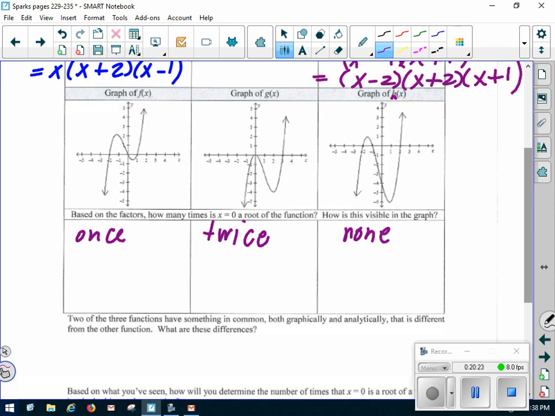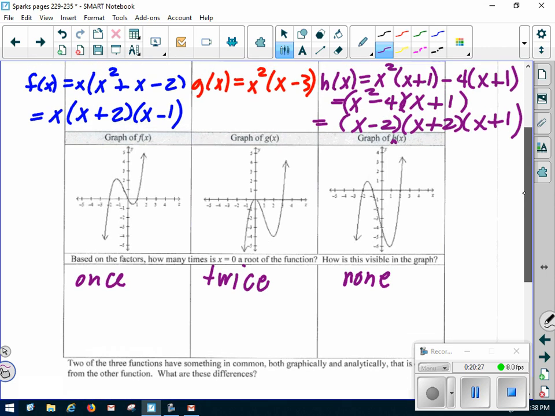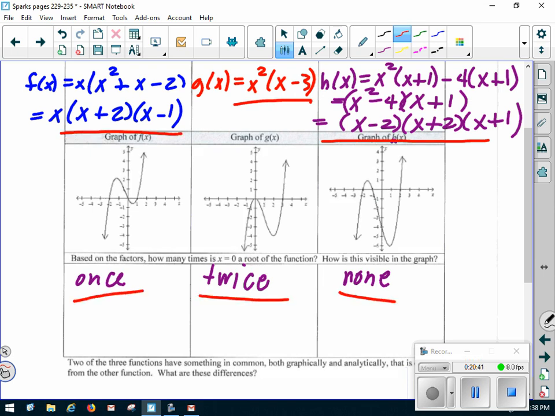Now wait a minute. I want you to look at the factored form, and I want you to look at the answers we put down here: once, twice, and none. Could you have looked here and come up with these answers here? How? Multiplicity of x? Why just x?